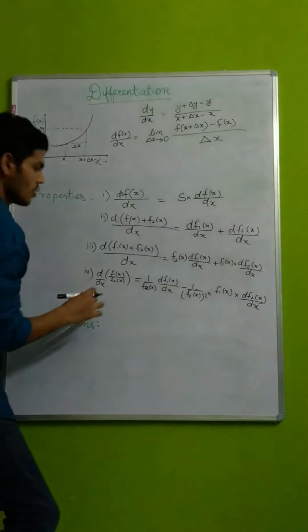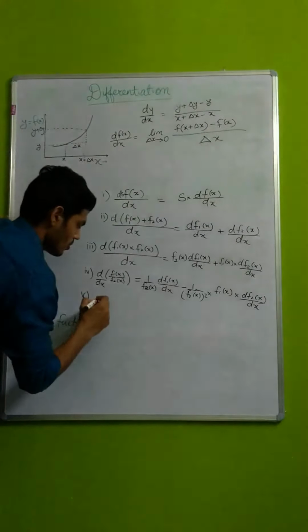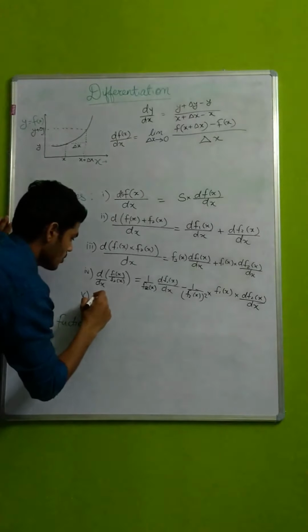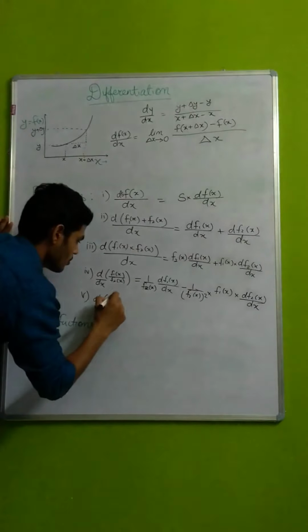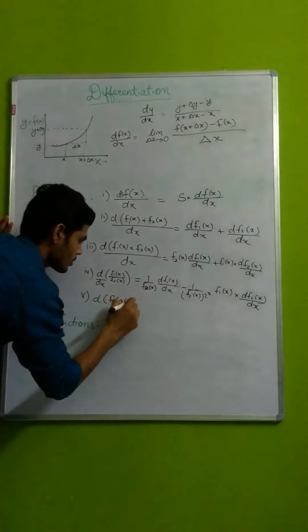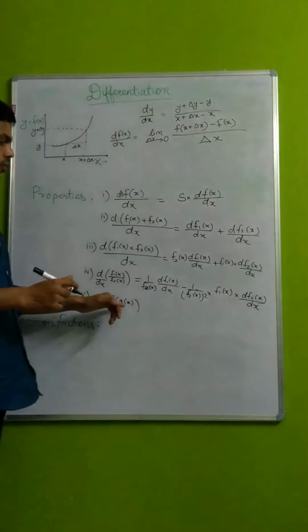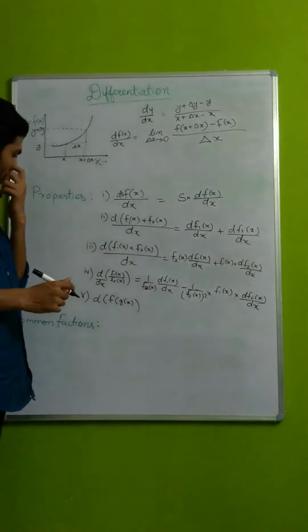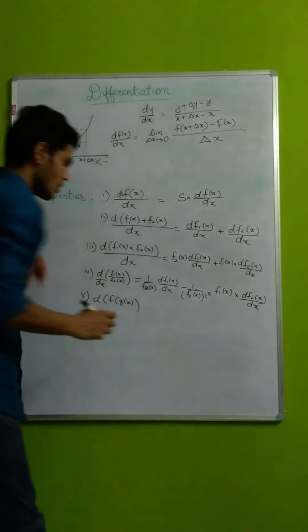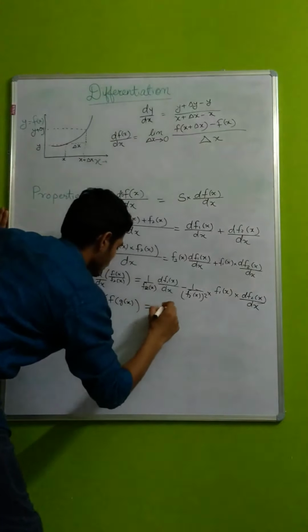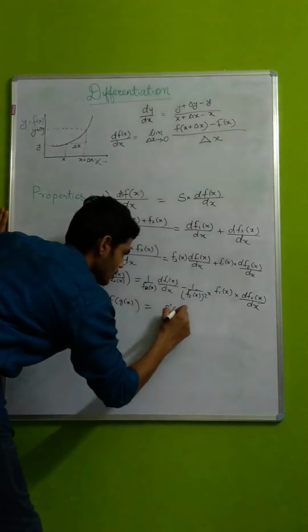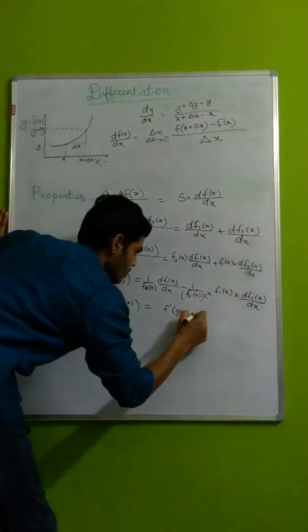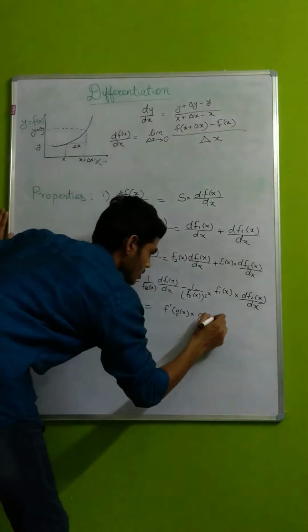Now differentiation of f of g of x, that is one function is a variable of second function, it is given by f dash g of x into g dash x.